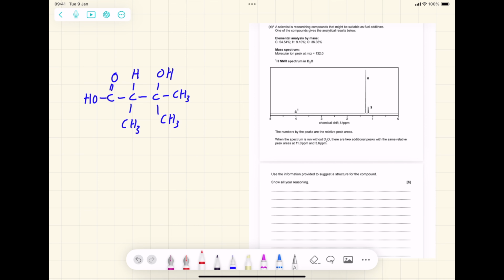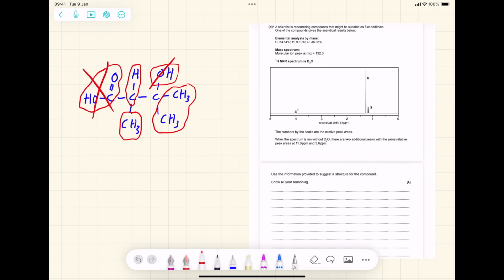So let's recircle our environments. So we had the carboxylic acid group, we had the CH, we had the CH3, we had the OH, and then we had the CH3 there. And we know that this environment is not going to be present because of the D2O, and neither is this. So now we can go ahead and assign the remaining ones.